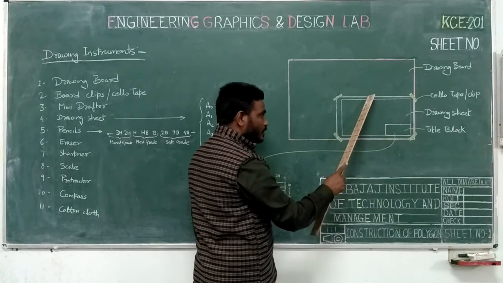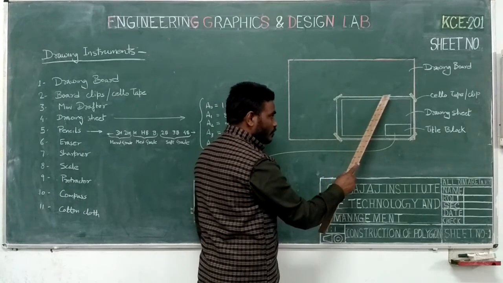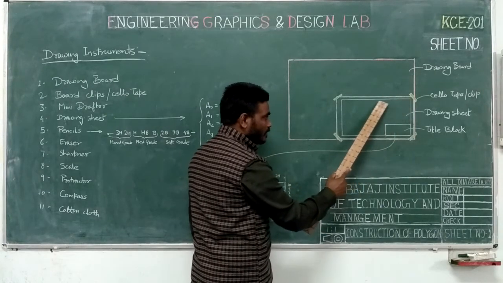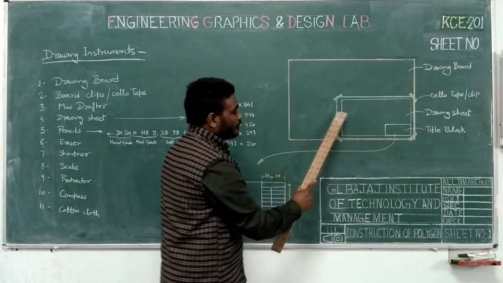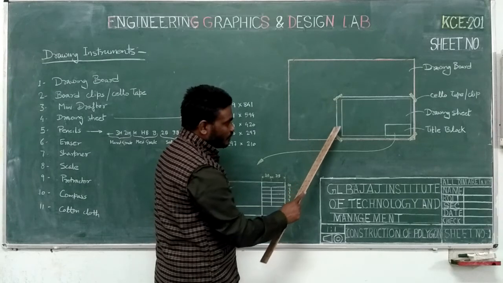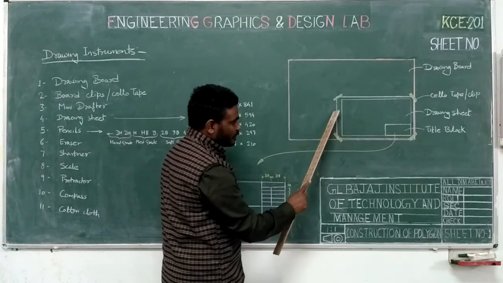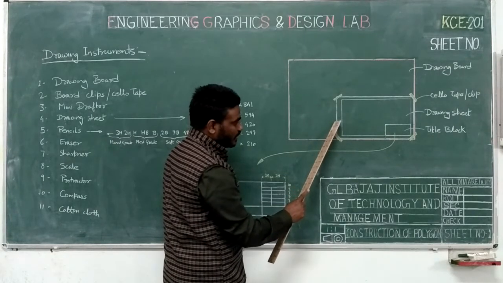This is the upper edge of the drawing sheet. From this, we will take a 10 mm gap and draw a margin line. This is the left edge of the drawing sheet.